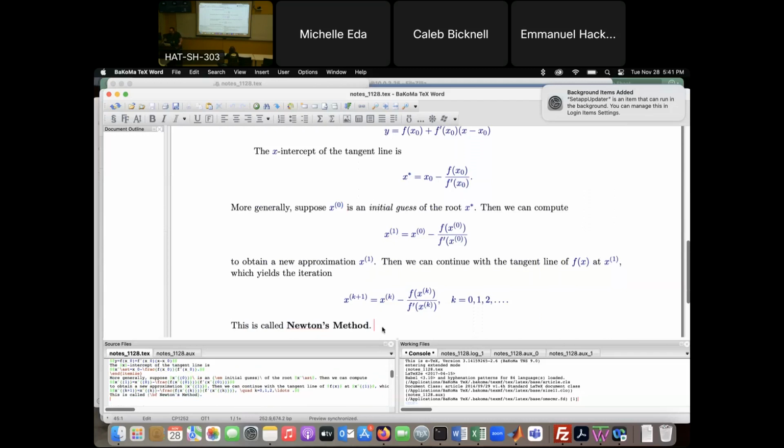So, questions about how Newton's method came to be? It's that idea of turning a problem into a root finding problem again.